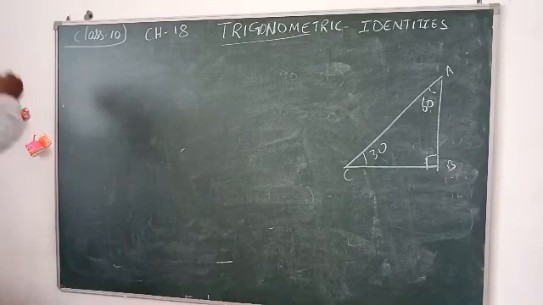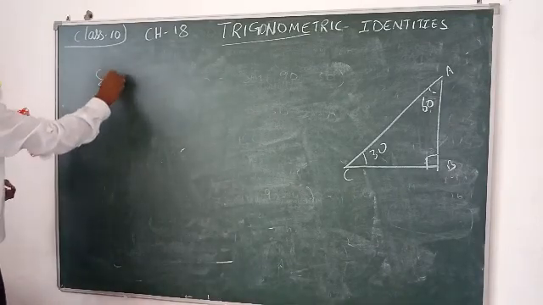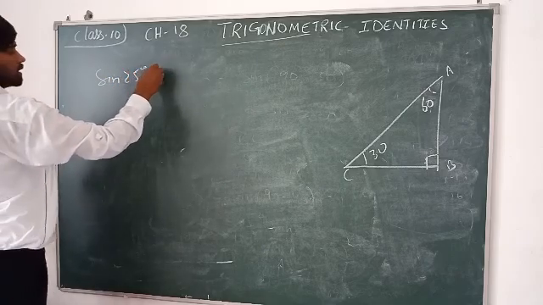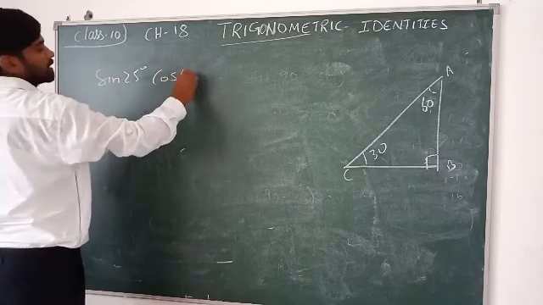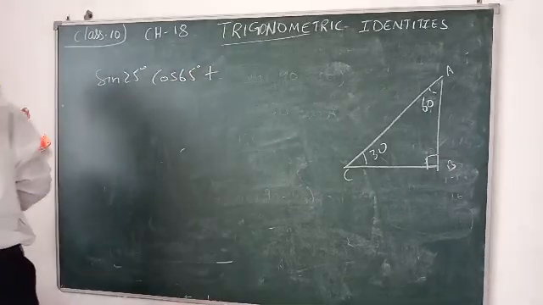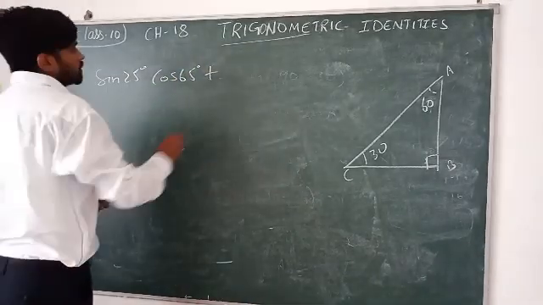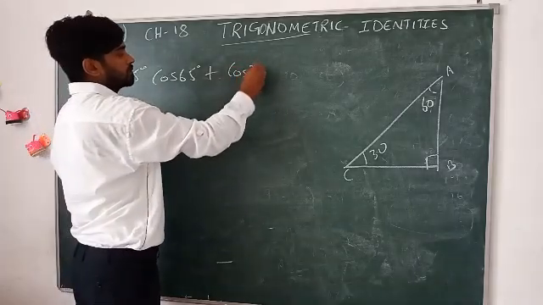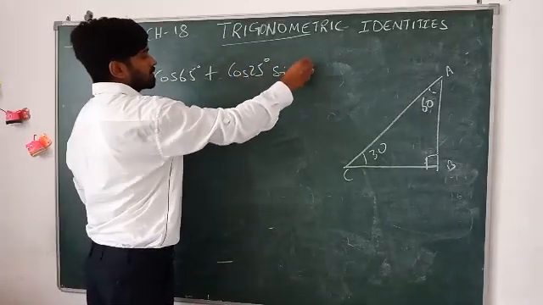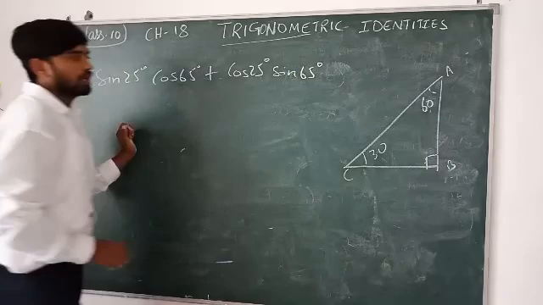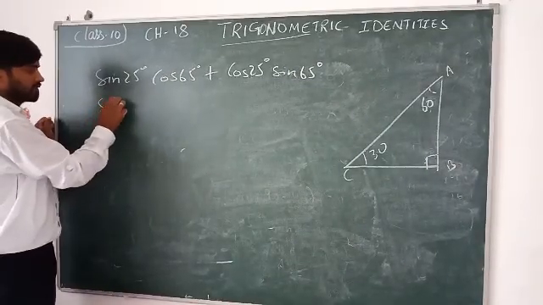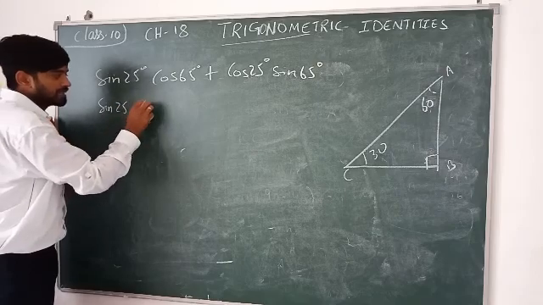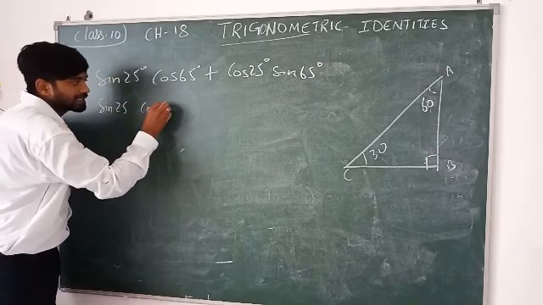So one of the examples that is given is sine 25 degree cos 65 degree plus cos 25 degree sine 65 degree. Please have a look over here.